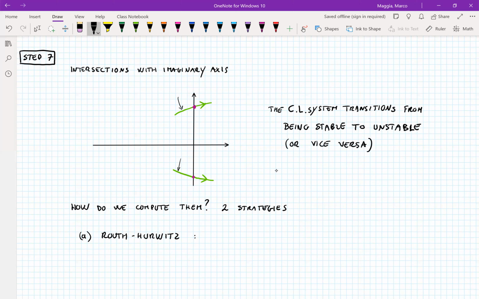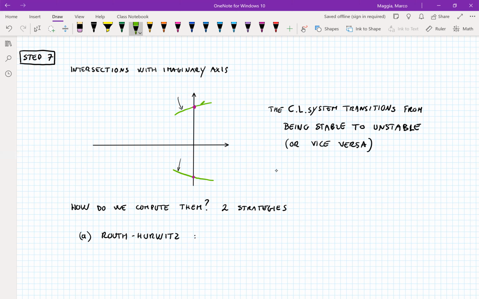Whereas if we are on the right-hand side, our closed loop system is unstable. So when we transition from one half to the other half of the S-plane, we change the stability of the system.